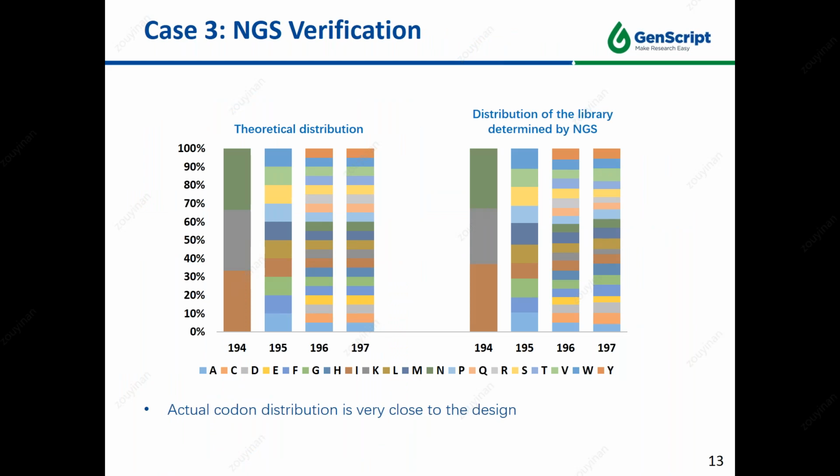On the right are the actual results about the scattering pattern determined by the NGS method. As you can see, there was almost no difference at positions 194, 195, and 196 between the design and the actual result. Some variation in distribution was present at position 197, but it is negligible to our customer.